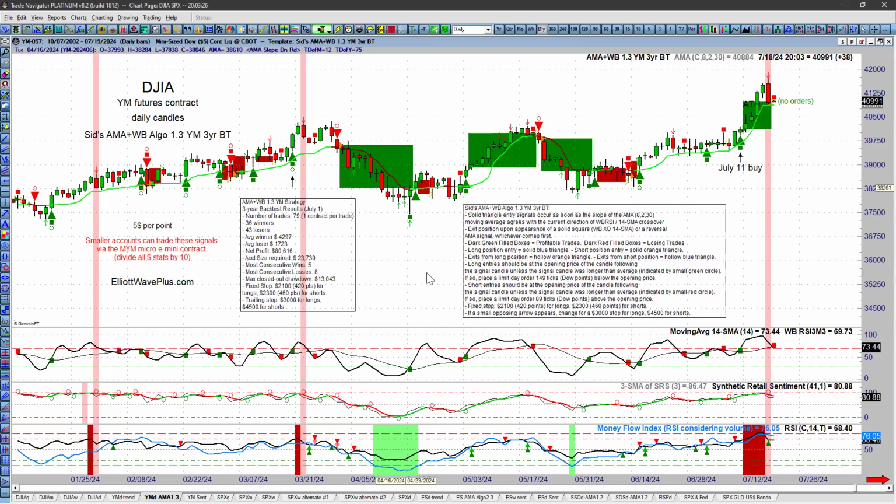It looks for the agreement of two classic indicators in order to take a position, either long or short. However, when it exits, it usually uses the fastest of the two. So in this case, that red block right there meant that we got a crossover, the Walter Bressert and its moving average.